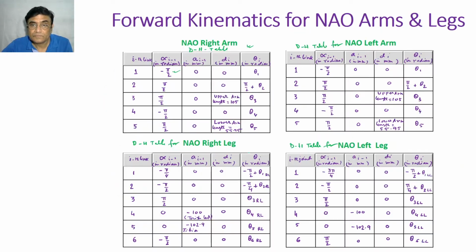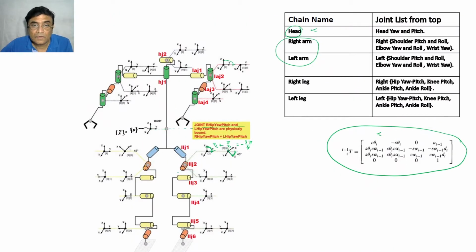So the left leg has this speciality. This is what I was talking about. Be careful. And the right leg has no such thing. For the right leg, you see this is the leg, so this is 45 degrees.